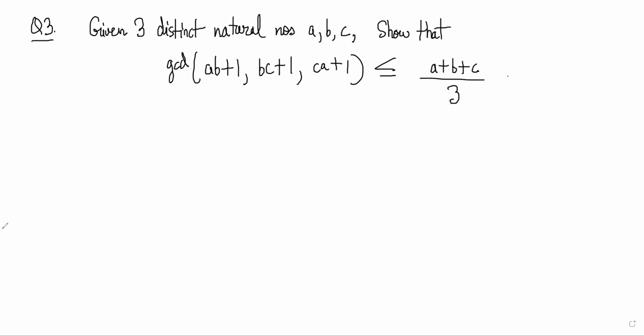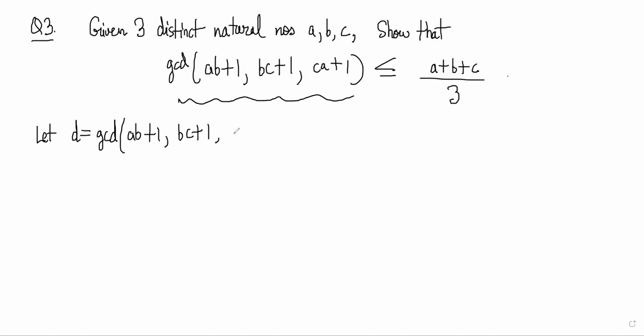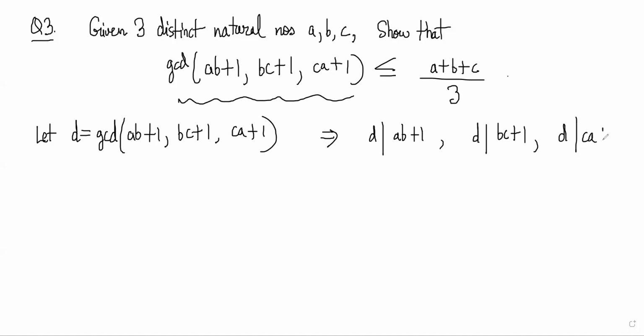Okay, so let's think about it. We don't know the GCD of this, so let's assume D is equal to GCD of AB plus 1, BC plus 1, and CA plus 1. We have to show that D is less than or equal to (A plus B plus C) by 3. Now, this implies that D divides AB plus 1, D divides BC plus 1, and D divides CA plus 1.